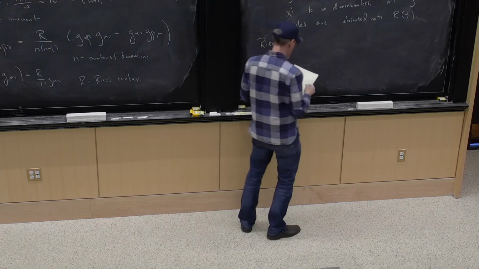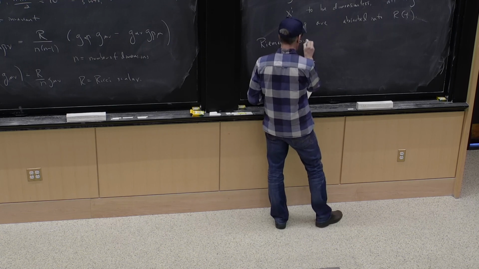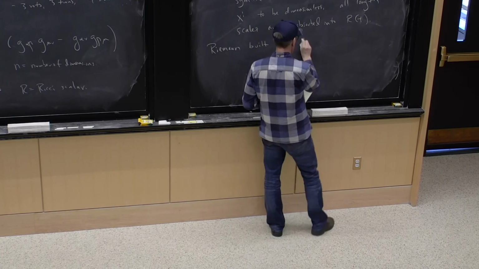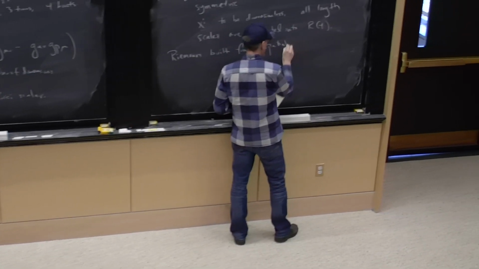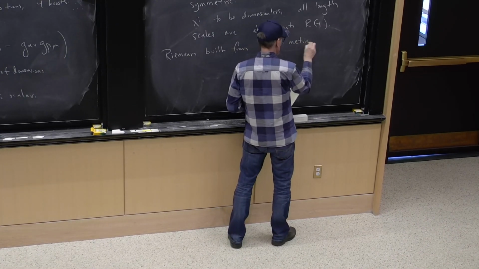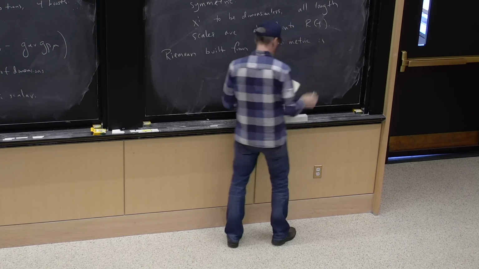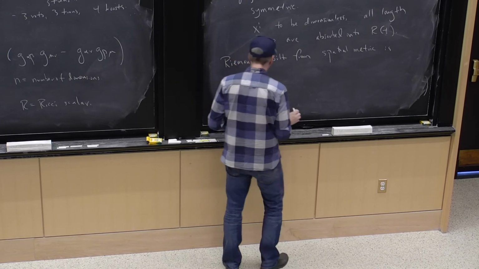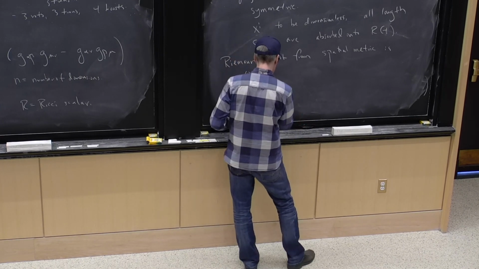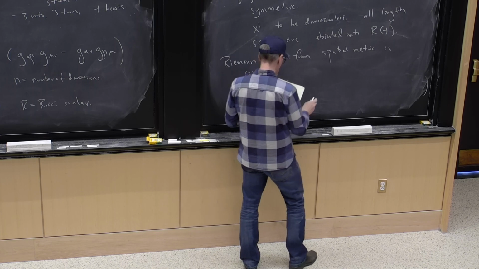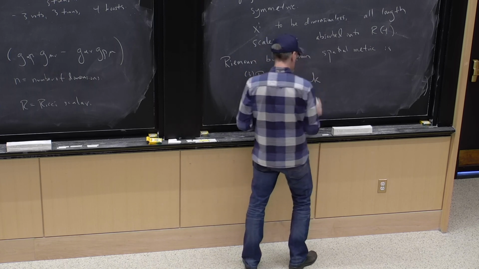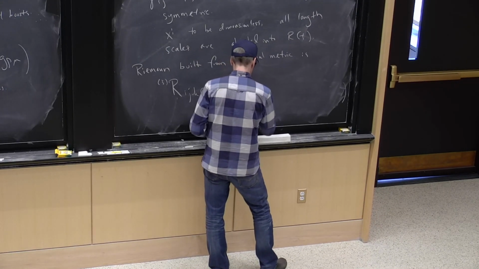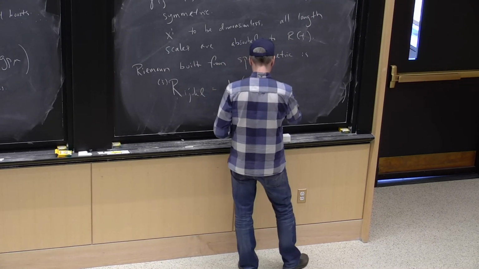The Riemann tensor that we build from our spatial metric, I'm going to write this as 3R, and I'm doing purely spatial things, so I'm going to use Latin letters for my indices. It's going to be equal to some number, k, not to be confused with the index k.